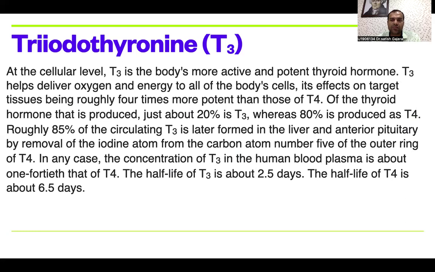So whenever the body is under stress, like when there is excess cortisol secretion, which is a stress hormone, T3 helps. T3 is produced by the thyroid as well as from T4. So it is a major hormone that helps in the stress effect.